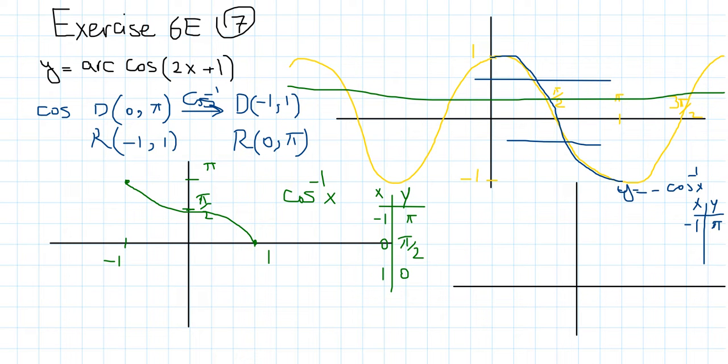Because it is pi and I have minus here, I should have minus pi here. For 0, it will be minus pi over 2. And if x is 1, it is 0.